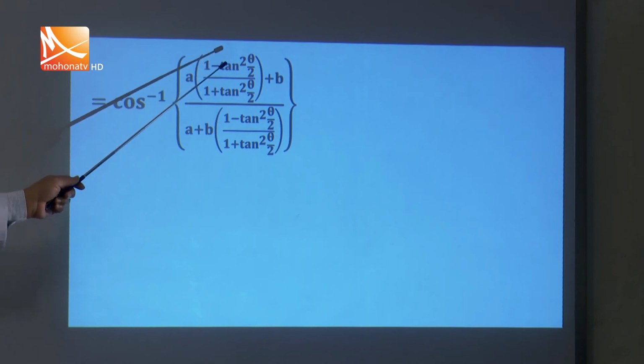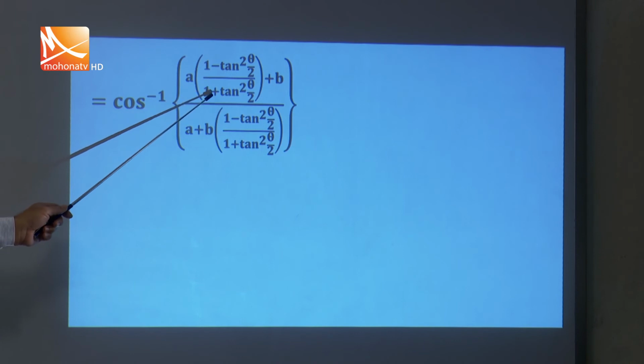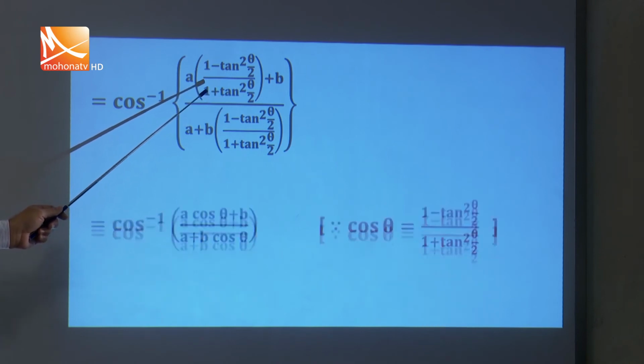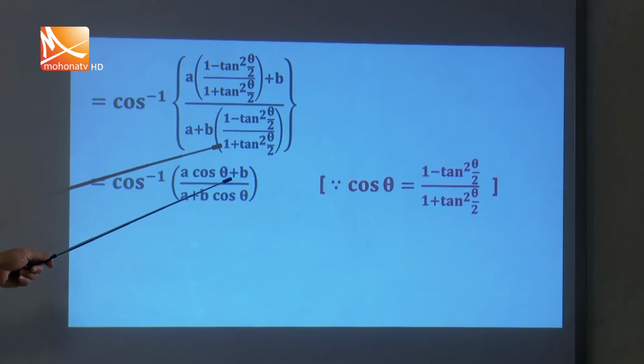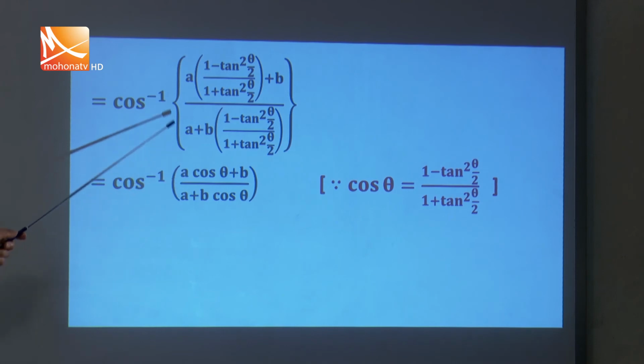What is the formula of this? cos theta equals 1 minus tan square theta by 2 by 1 plus tan square theta by 2. That's why we have written within the third bracket, cos theta equals 1 minus tan square theta by 2 by 1 plus tan square theta by 2. So it will be a into cos theta plus b by a plus b cos theta.